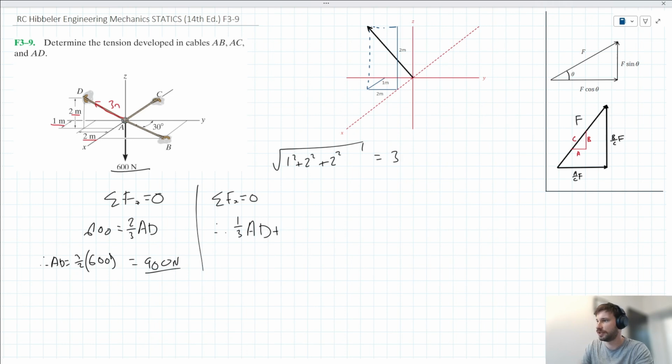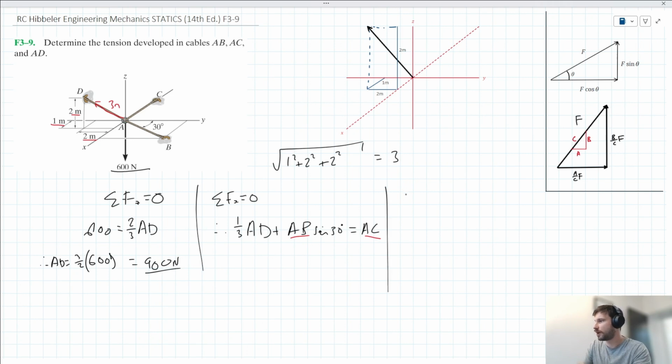We've got the X component of AB, which we can describe as AB sine 30. I'm reusing the idea I've put in the top right corner here. And what have we got acting against us in the X? We've got that AC. Now, we know AD is 900, but we don't know AB or AC. We've got two unknowns here. Let's move on.